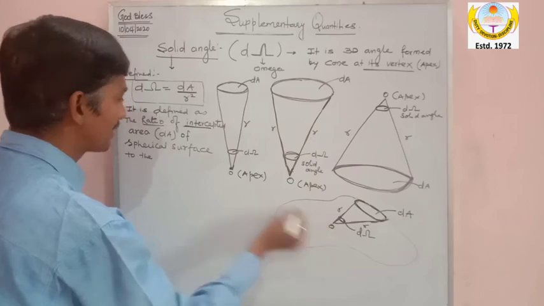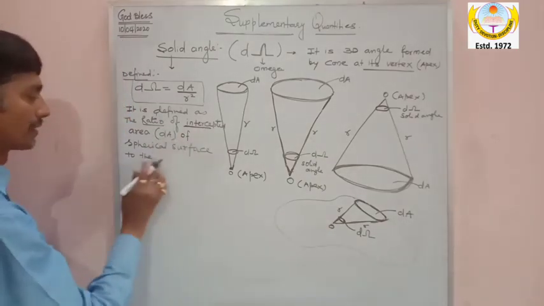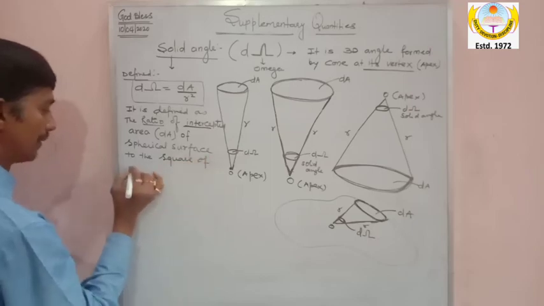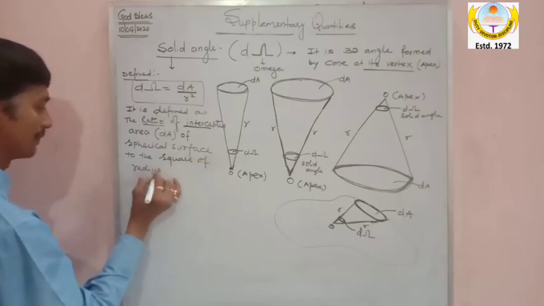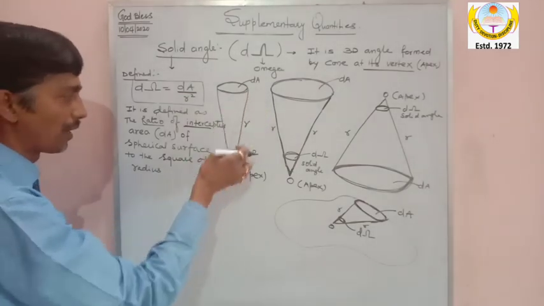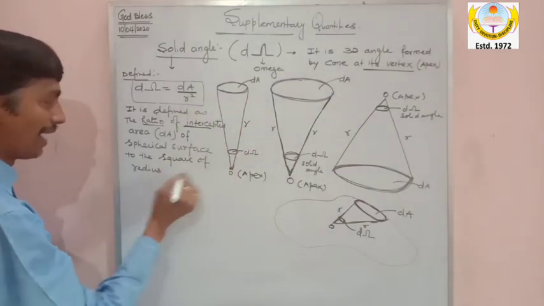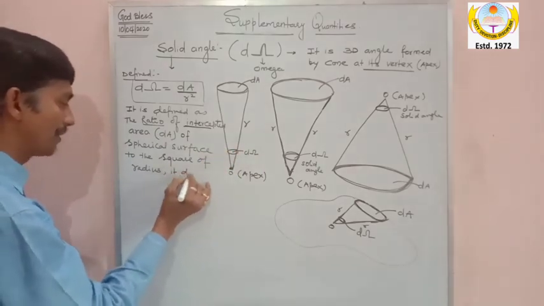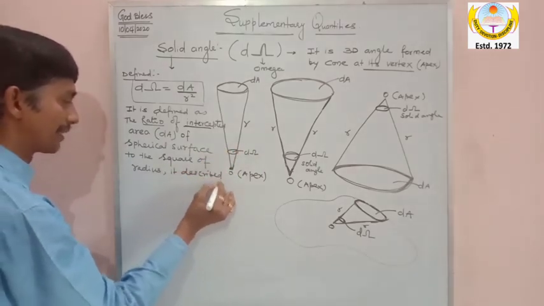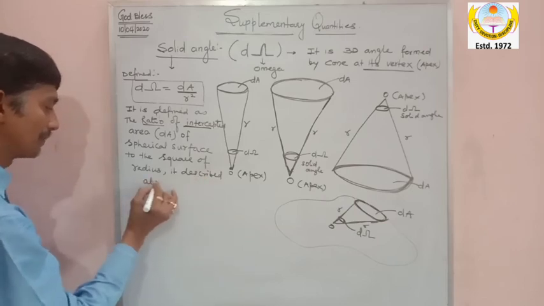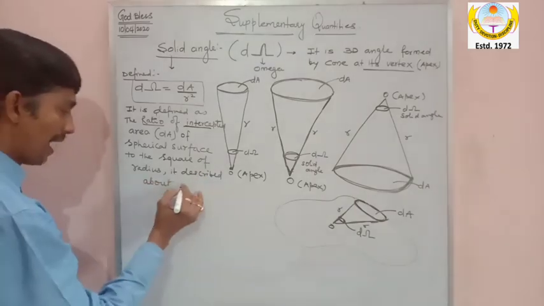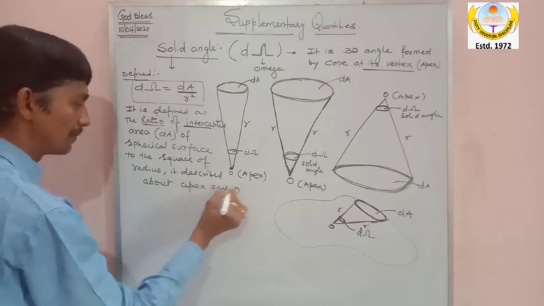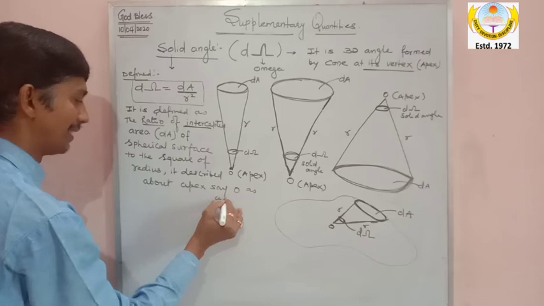So this is the intercepted area dA of the spherical surface to the square of the radius, and where it is formed, it is described about the apex, say O as a center.